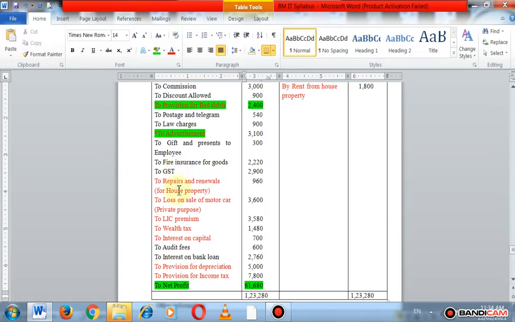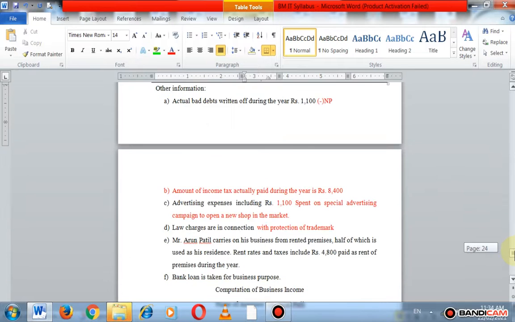Then repairs and renewals, in brackets for house property. House property is a personal property of that SEC. So the renewals and repairs of house property are a personal expenditure, so we add the repairs and renewals in net profit; it is a disallowed expenditure.